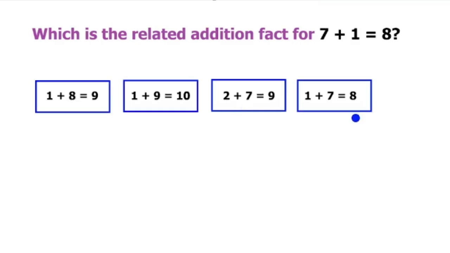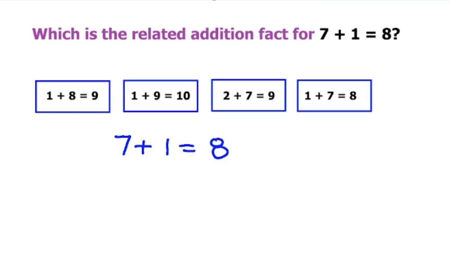Here, we have 1 plus 7 equals 8. This is the one. So a related addition fact means that you can write this in two different ways. 7 plus 1 equals 8.